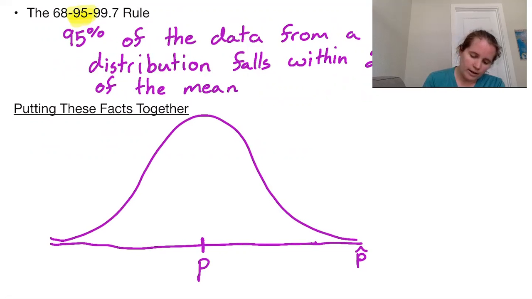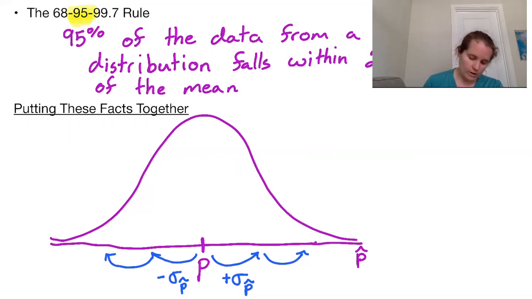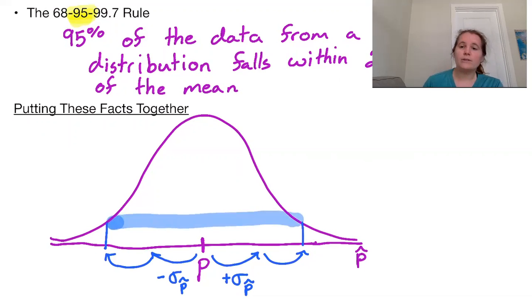And because this is a normal distribution, if we go out by 2 standard deviations to both sides, then 95% of the data, or in other words, 95% of samples, have p-hat in this stretch.